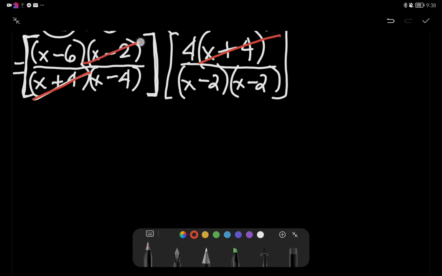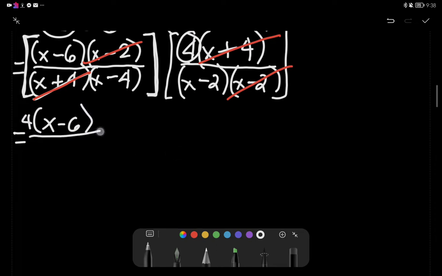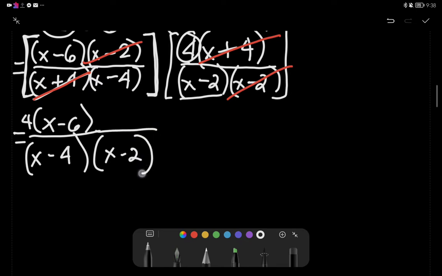And we also have x minus 2 and x minus 2. Since wala na ilain nga parihas sa numerator and denominator, wala na ilain common, so we will write the remaining ones, x minus 6 tapos si 4 times 4 over x minus 4 times, ang nabilin sa pikas is x minus 2 sa ikaduha.